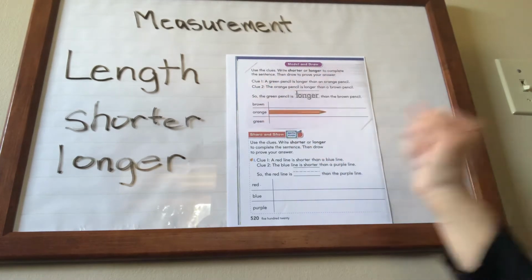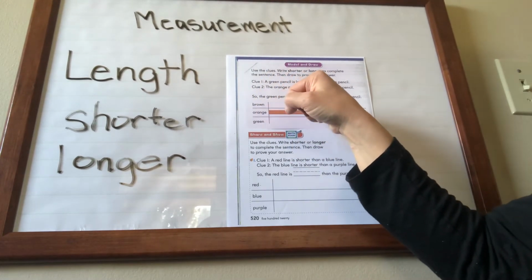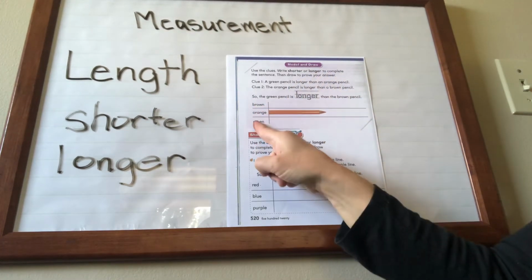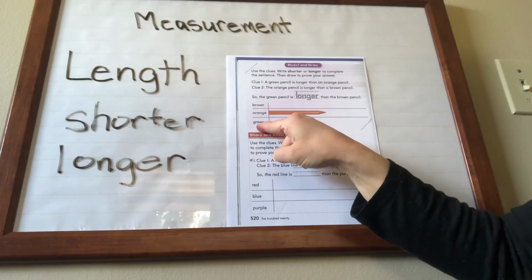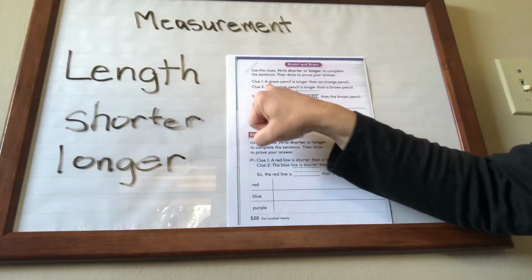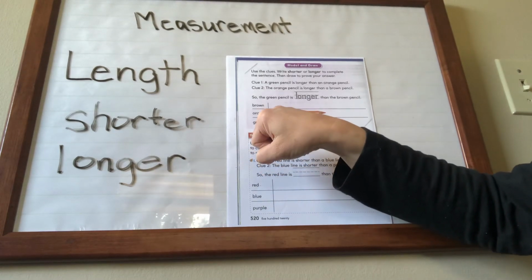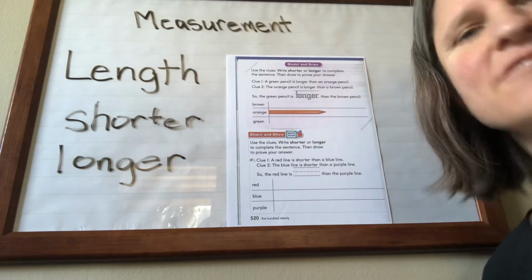Clue number 1, this one's all about pencils. A green pencil is longer than an orange pencil. So let's see what colors we have. We have brown, orange, and green. Clue number 1 says a green pencil is longer than an orange pencil. They were very kind to draw the orange pencil for us.